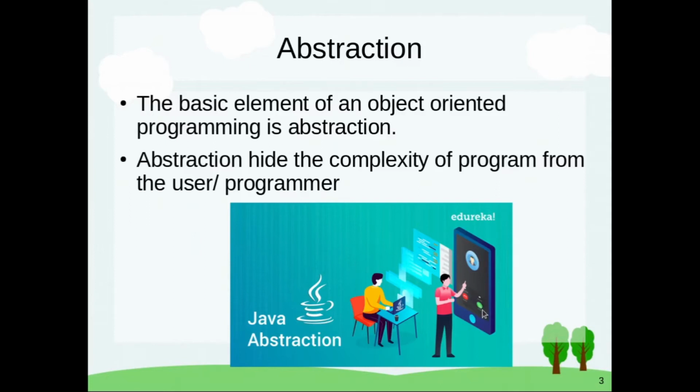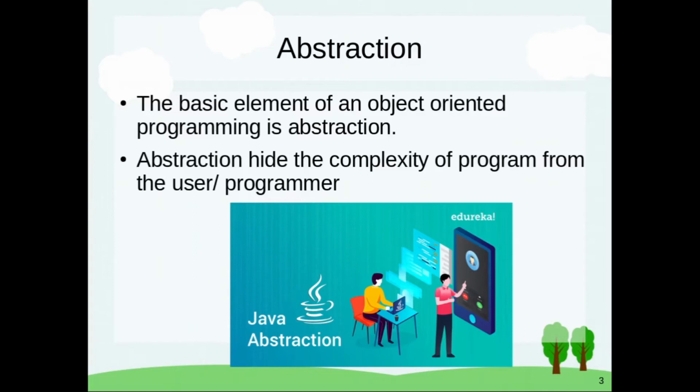If we click on receive, we just pick up the call, but we don't know the underlying complexity of the code, what is going on behind the picking button and behind the rejecting button. We don't concern ourselves with this. So the basic aim of abstraction is to hide the complexity from the users and just provide ease to the end user or the programmer. We will talk about it later.